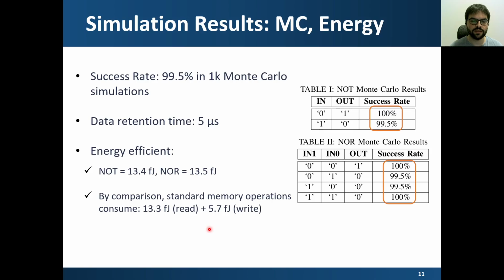And if we wanted to implement these logic functions in a standard memory array, we need to read the data, compute it, and write it back. And we see that we are already better than the sum of these two operations. We didn't even mention here the additional energy required for the computation inside the CPU in standard memory. So we know that our operations are energy efficient, and we can gain from using these operations inside of the memory.